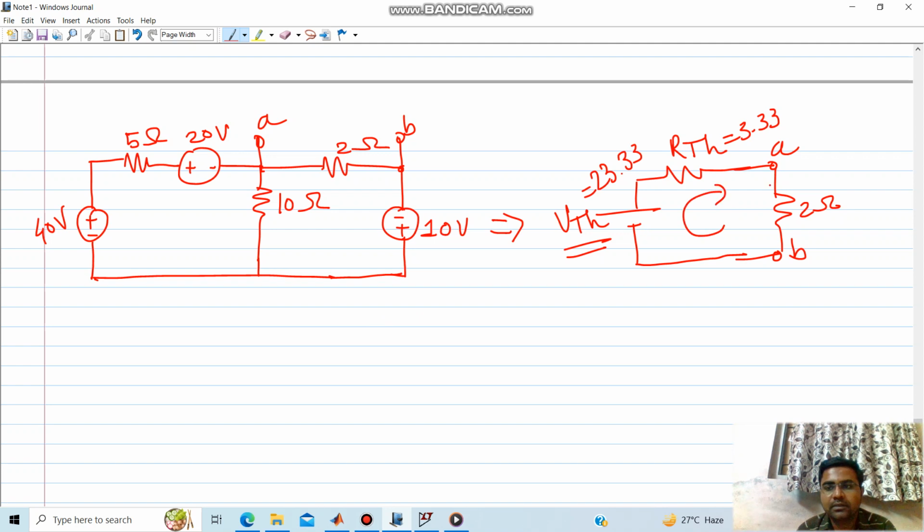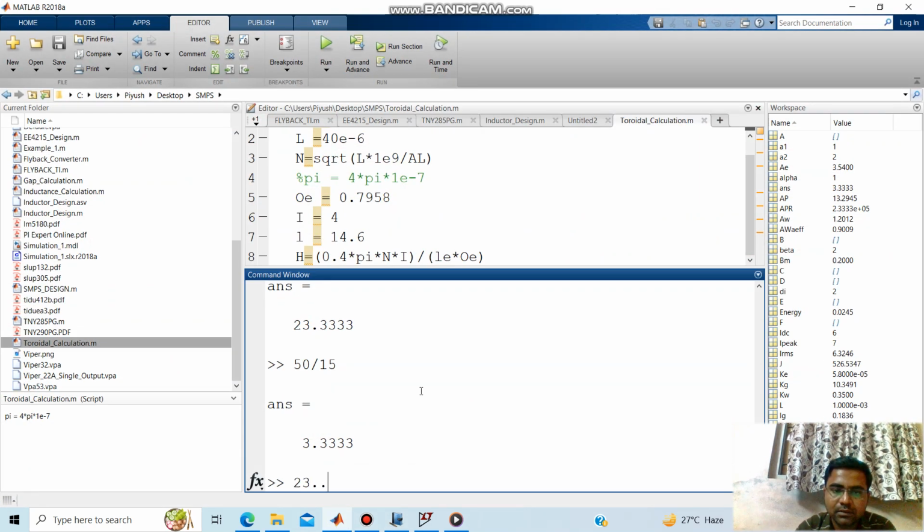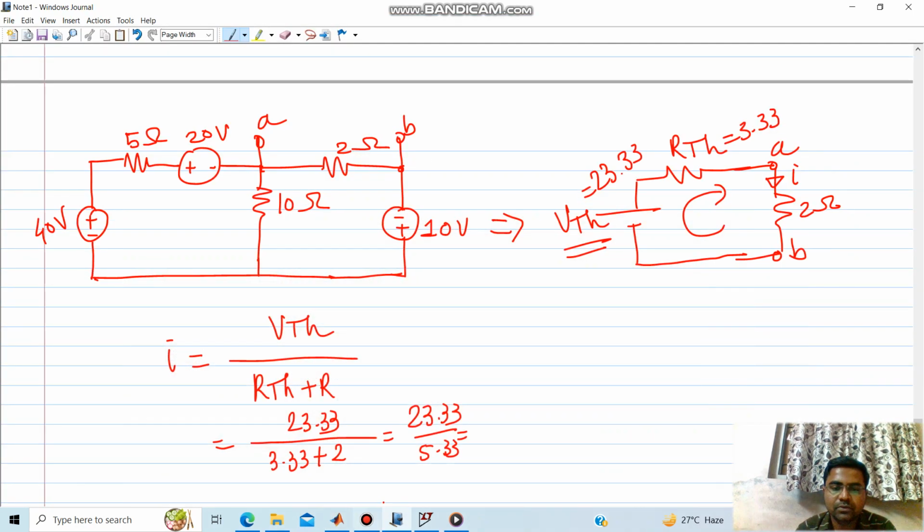My current flowing through this 2 ohm will be simply V Thevenin over R Thevenin plus R, which is equal to 23.33 over 3.33 plus 2, so 23.33 over 5.33, which is about 4.37. So it is 4.37 amps.